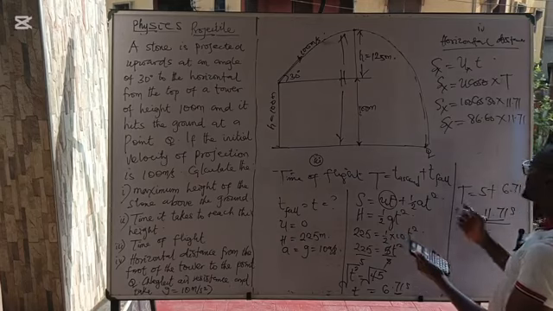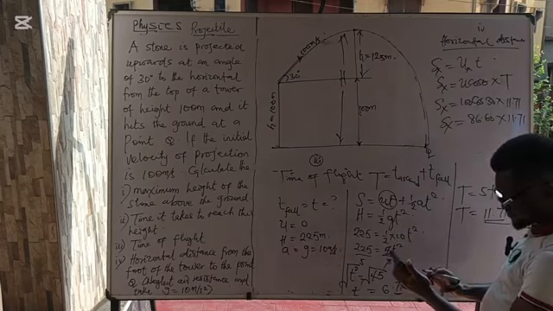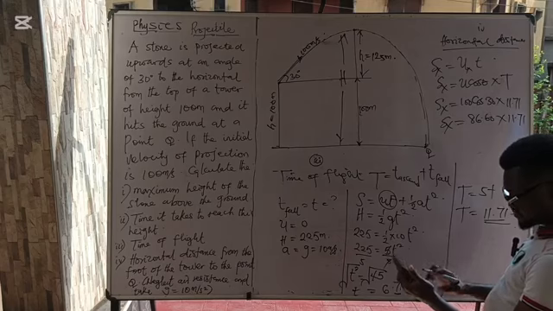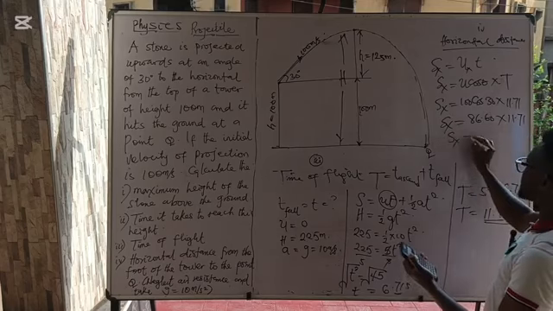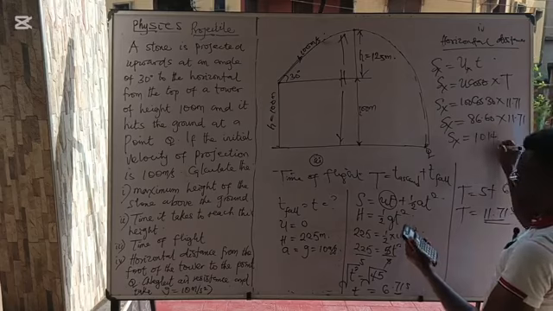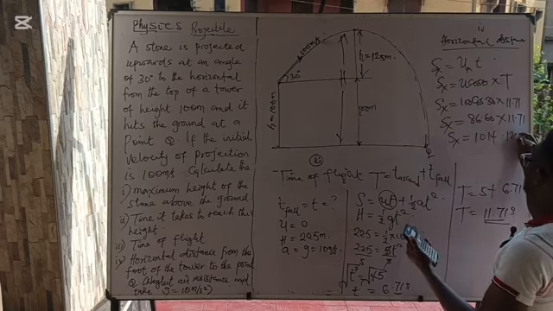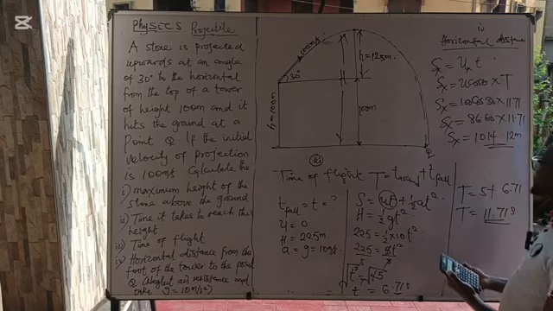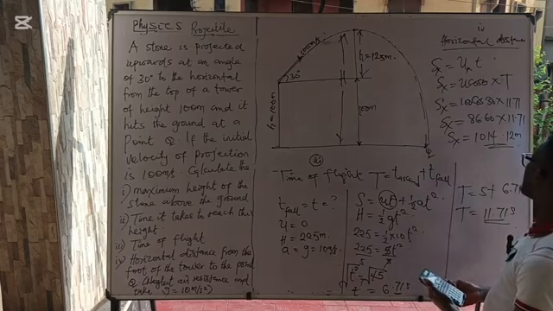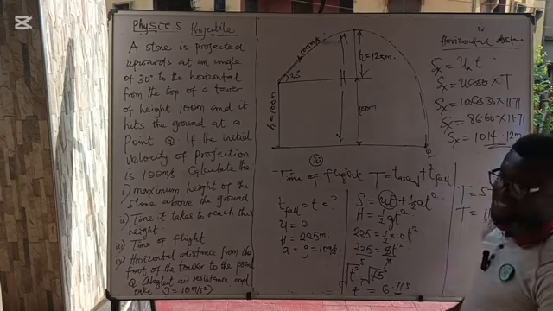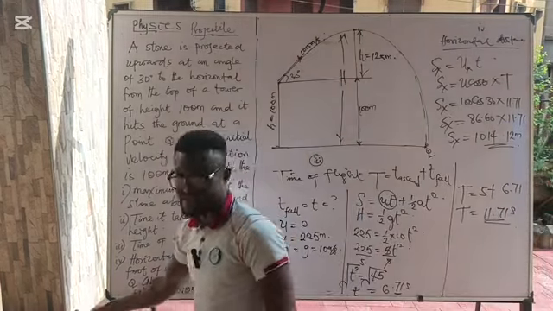Then times it by 11.71. Then we have the horizontal distance as 1014.12 meters. And that gives the final answer.